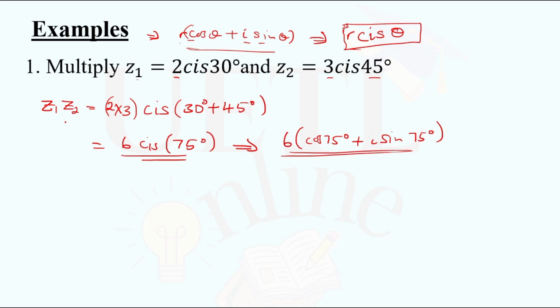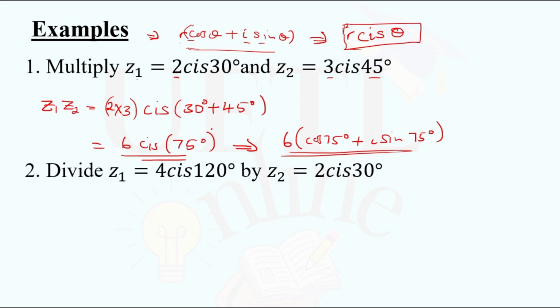This is the easy way: just multiply the moduli and then add the arguments. Let's get into the second example. The second example is saying divide z1, which is 4 cis 120, by z2, which is 2 cis 30. So what we're going to find is z1 over z2.